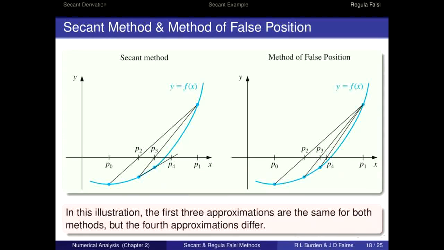In the secant method, P4 can be outside the curve, but in the method of false position, P4 must be within the interval. This is the basic difference between the secant method and the method of false position.